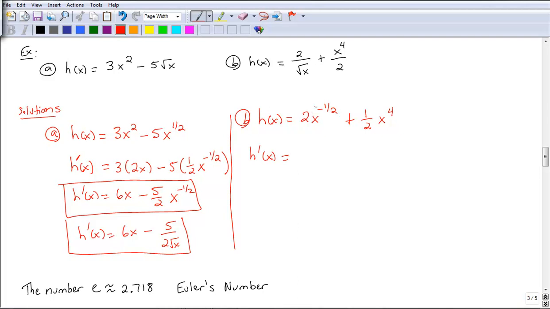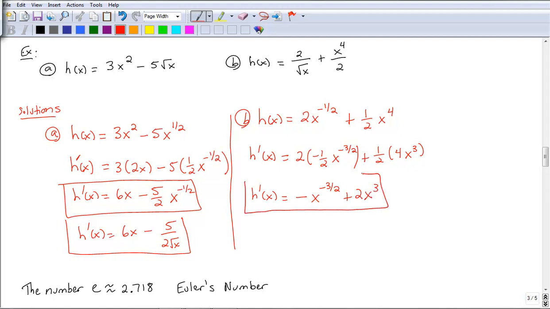Negative 1/2 times 2, so I have 2 times negative 1/2 x. When I take 1 away, I get negative 3/2. Plus 1/2, 4x to the 3rd. So the derivative, 2 times negative 1/2 is negative 1, x to the negative 3/2. 1/2 times 4 is 2x cubed.